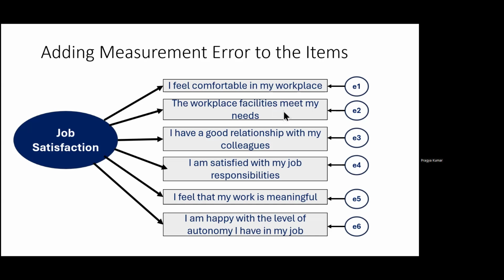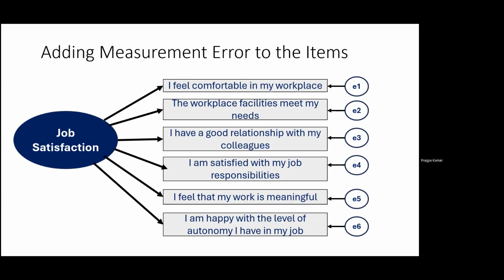So the change in score of this item will not be 100% by job satisfaction. Similar with all other items. So there will be an error term with all these items.